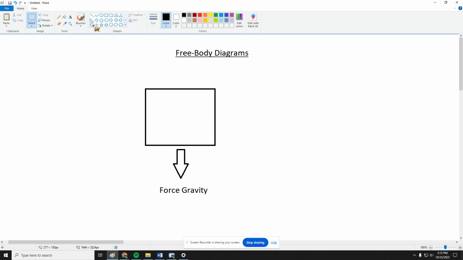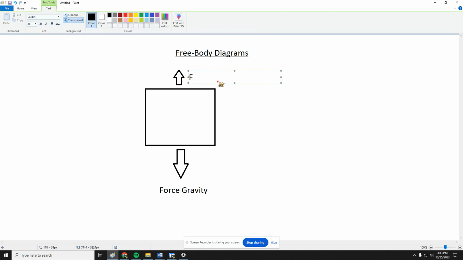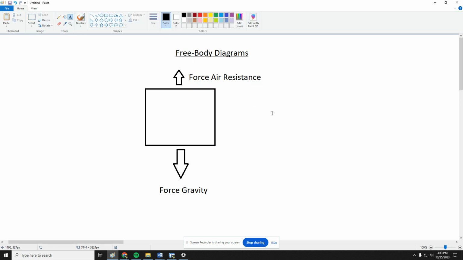There's also going to be friction pushing up on it. The friction is pushing back against that gravity, but in this case, since it's going through air, we would call that the force of air resistance. Same as friction, it's just friction through the air.